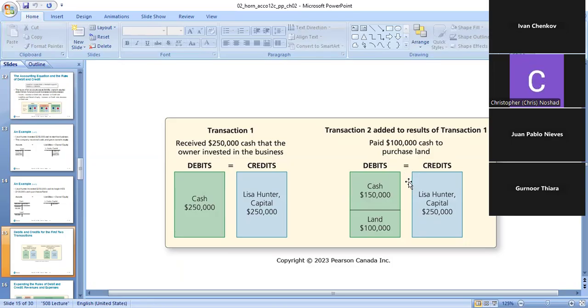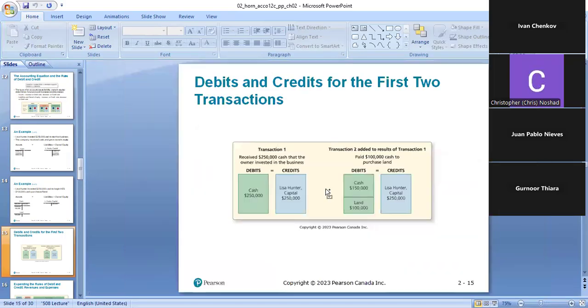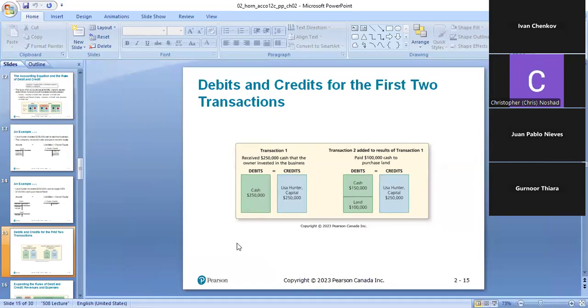We're still in balance because the total assets is equal to the total equity in this case. There's no liability in this company. Not yet.